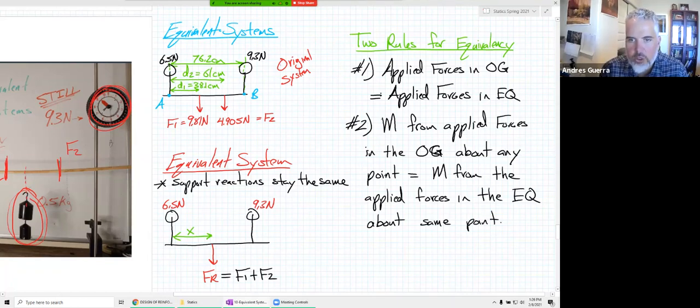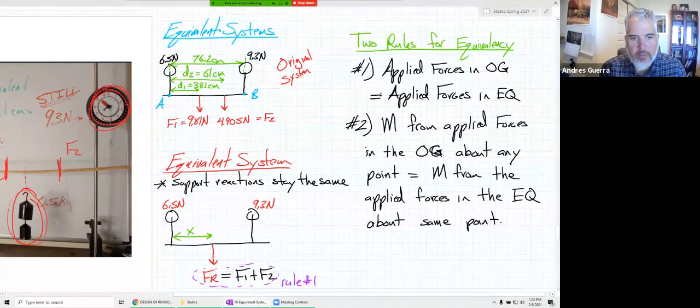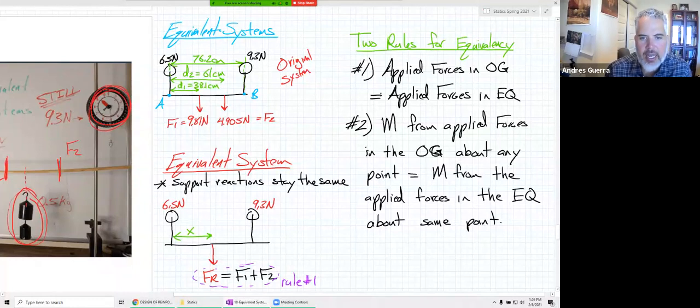Whatever point we pick, we have to stick with it for rule number 2. So for rule number 1, we figured out that FR is equal to F1 plus F2. Now, for X, we want to figure out where we need to apply FR so that we still get the same support reactions. We are usually told in the problem statement where to measure things from.